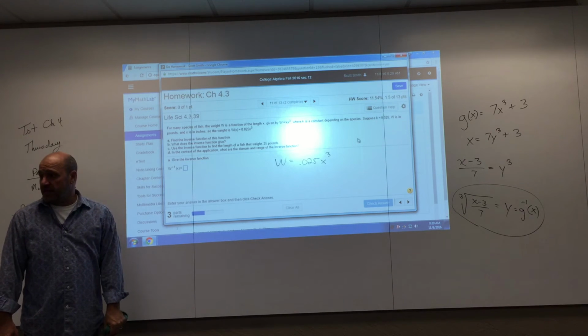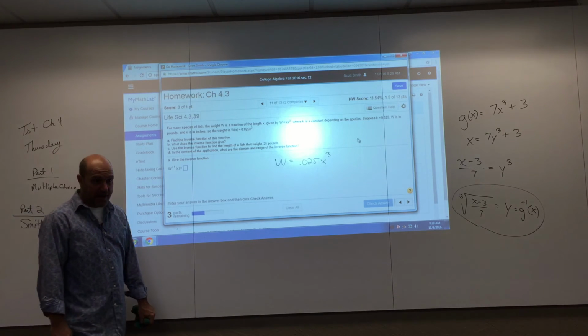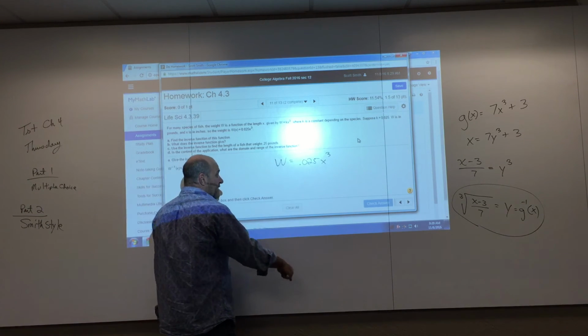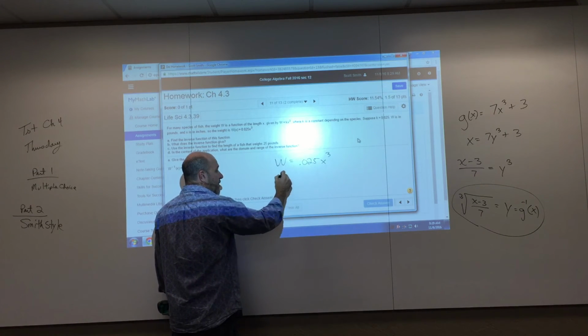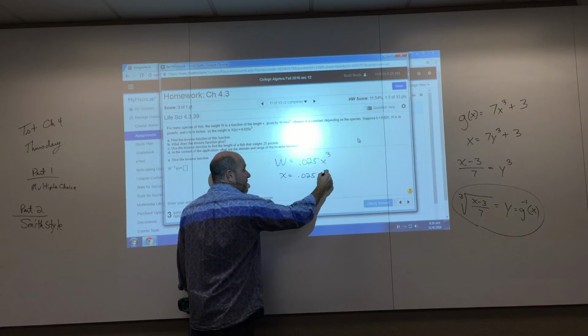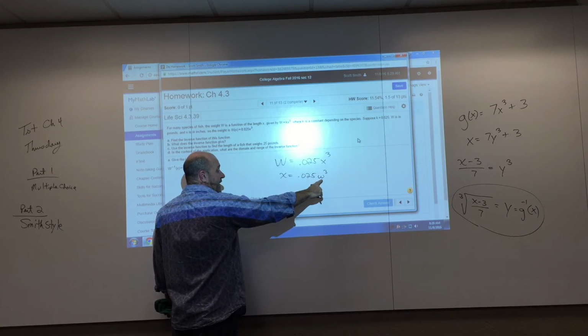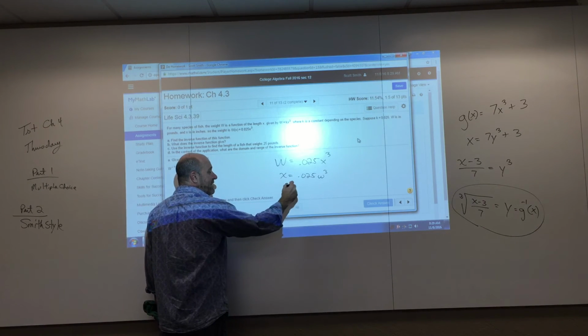Okay, I guess I can find the inverse of this function. I would probably do that book method again where you switch X and Y. This is Y, this is X. All right, I'm switching them. I'm going to call this X. Maybe instead of Y, I'll call it W. Is that okay with you? But now I have to solve for W. Any suggestions? Divide. Thank you very much.